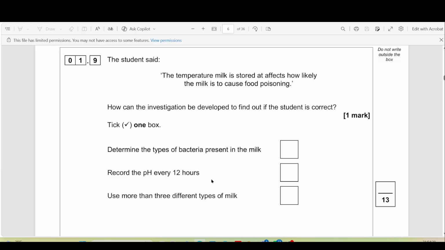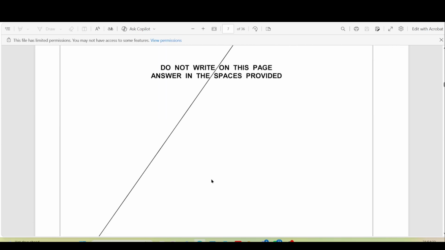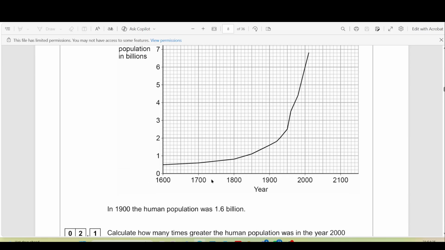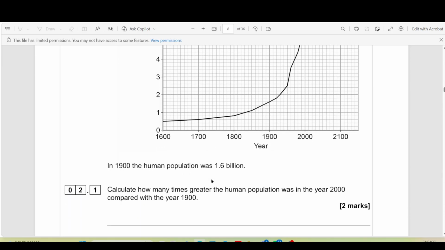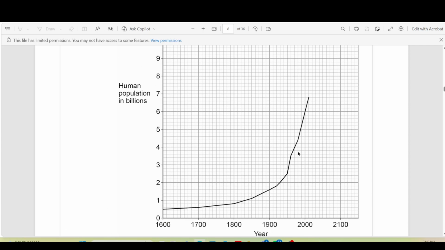Calculate how many times greater the human population was in the year 2000 compared with the year 1900. So in 2000, the population, well, one sec. It's 6 billion. In 2000, you can see it's crossing this line, so it's 6 billion.